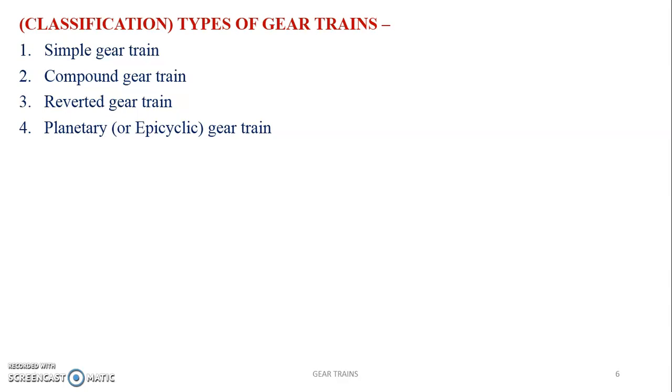I can have any number of gears to get the desirable direction as well as the reduction in speed. So the types of gear train are: simple gear train, compound gear train, reverted gear train, and epicyclic or planetary gear train. 4 types. We will see each one of them.